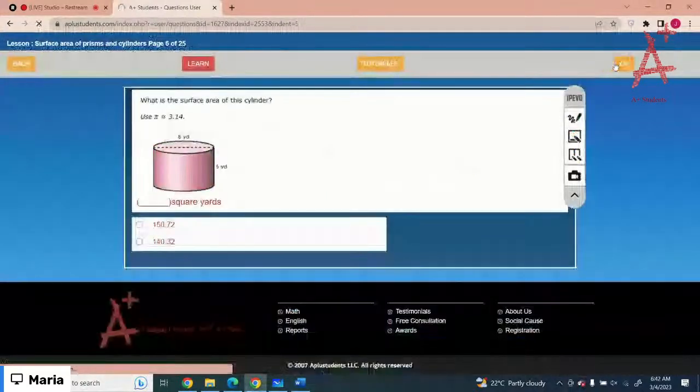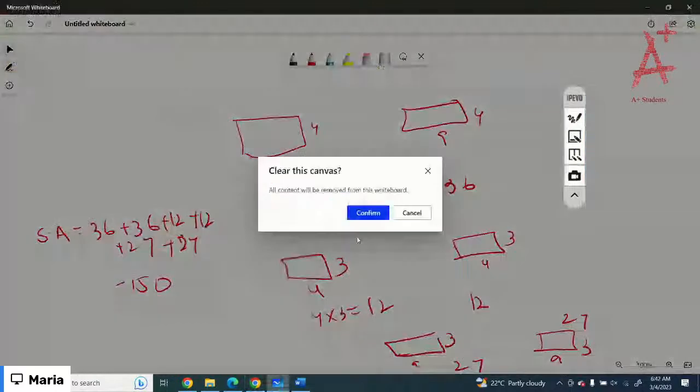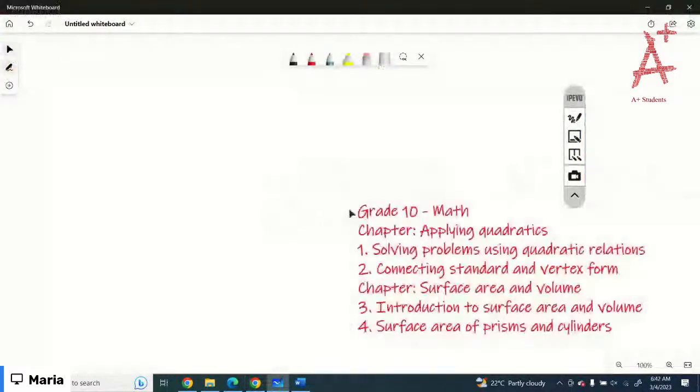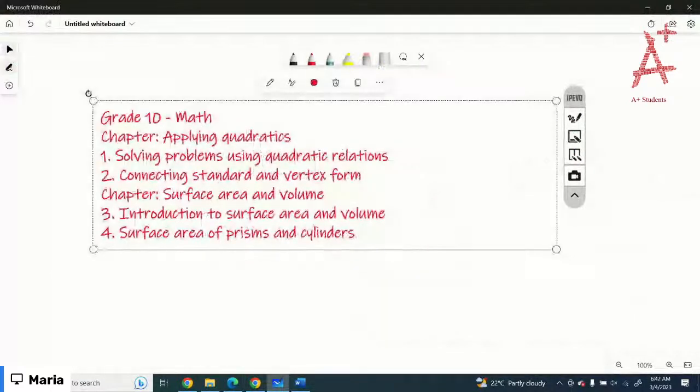Okay, you can complete the test by yourself later today. So we were working on grade 10 maths. The lessons we have covered today are from the chapter Applying Quadratics from the Nelson Principles grade 10 book: solving problems using quadratic relations, connecting standard and vertex form.